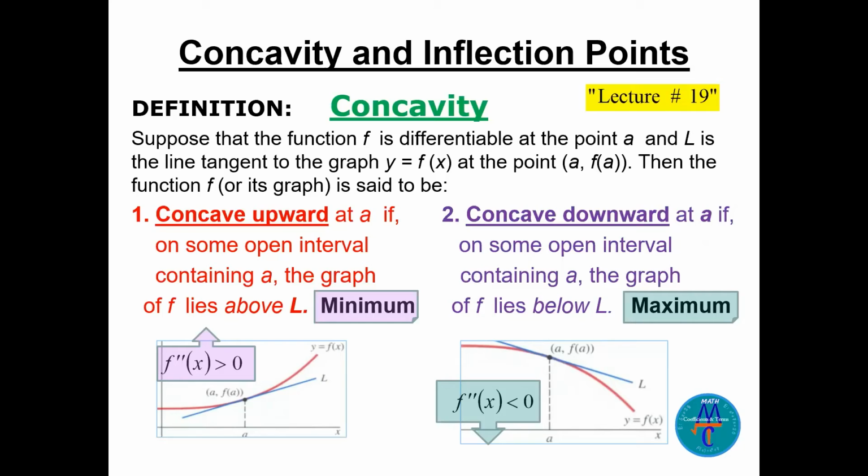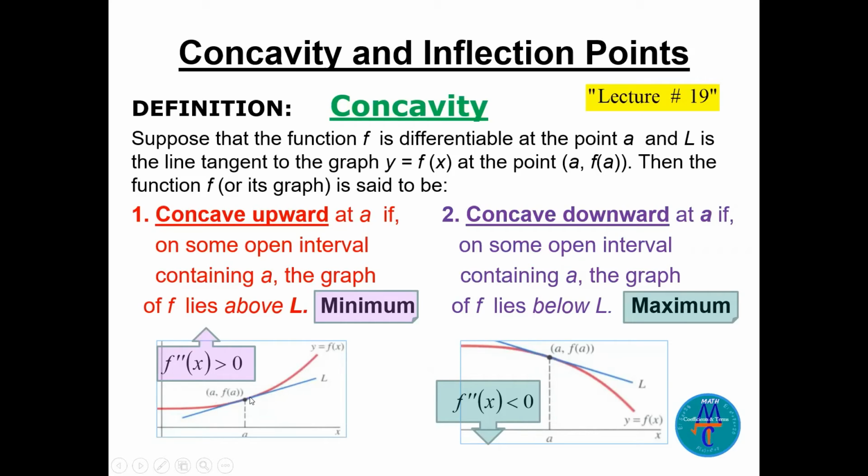Let's look here at the concavity and the inflection points. So we can say that the function f is concaving upward in some open interval if the graph of the function lies above the line tangent, which is line L here, tangent at the point A. So if the graph lies above, this is concaving up.